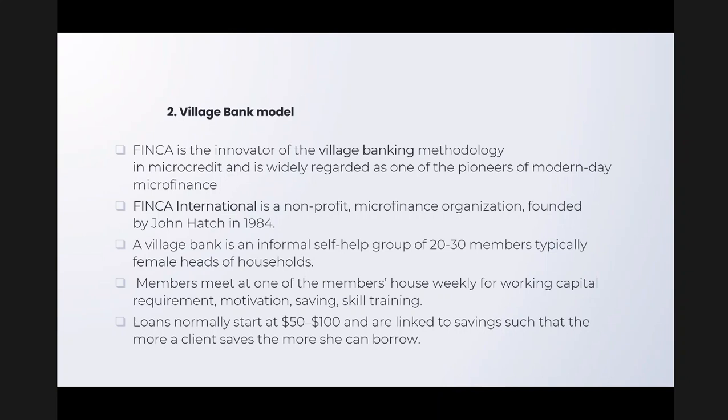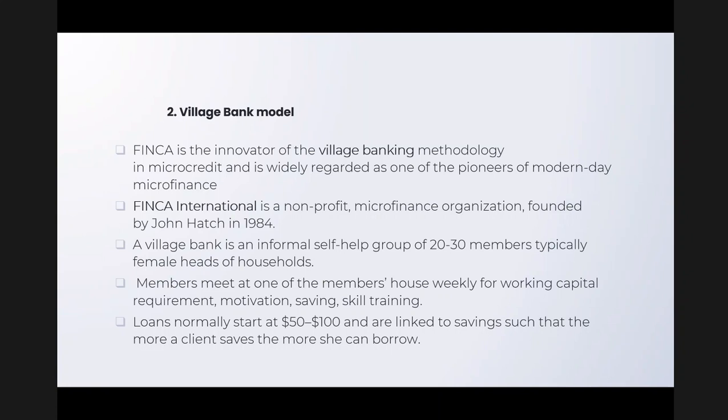Finca International is a non-profit microfinance organization founded by John Hatch in 1984. So Grameen Bank has evolved in Bangladesh, but Finca initially started in the developed nations.